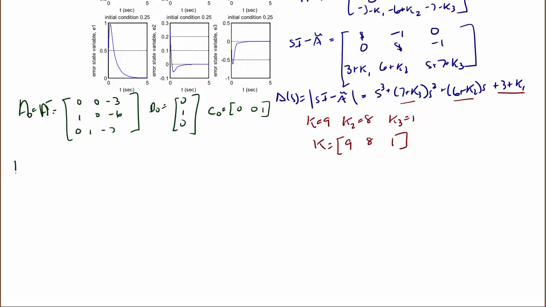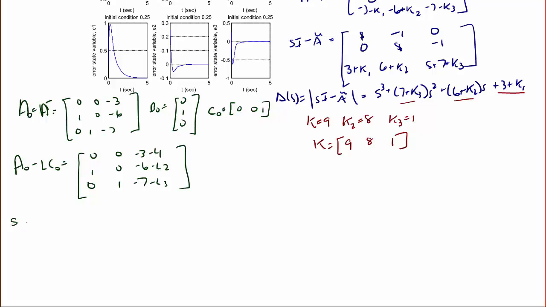So A naught minus L C naught is equal to [0, 0, -3 - L1; 1, 0, -6 - L2; 0, 1, -7 - L3].